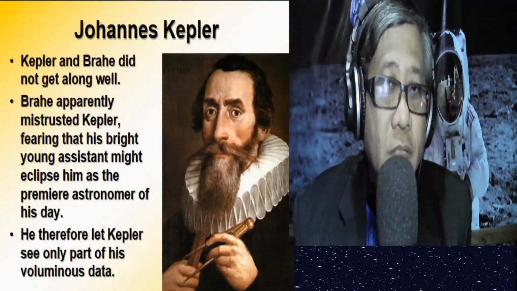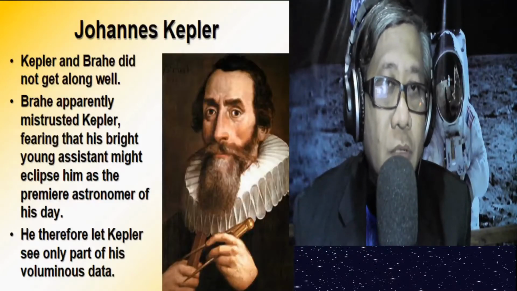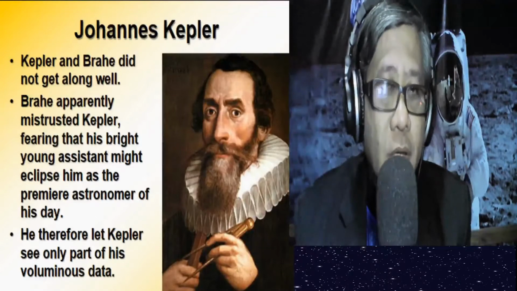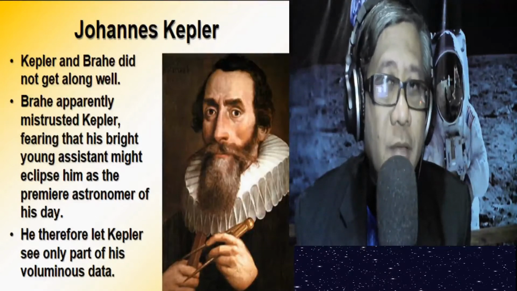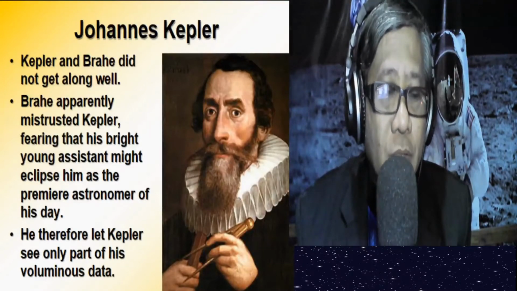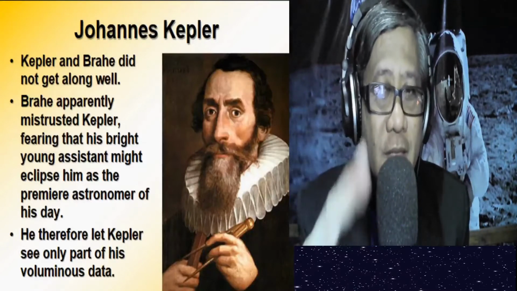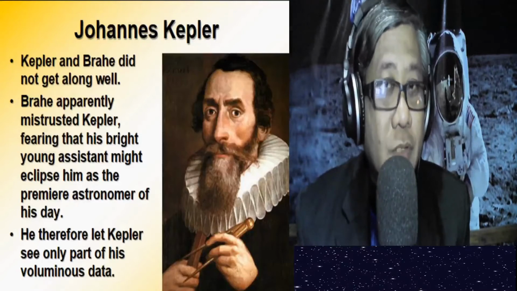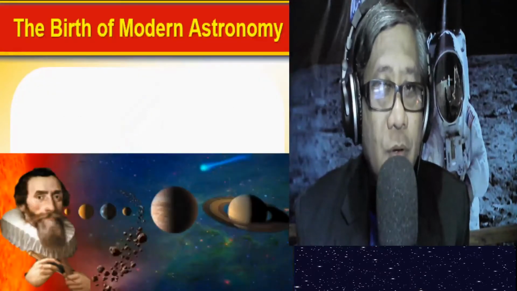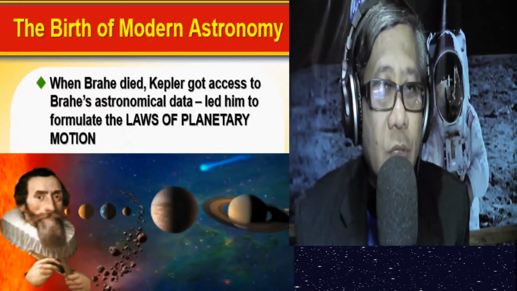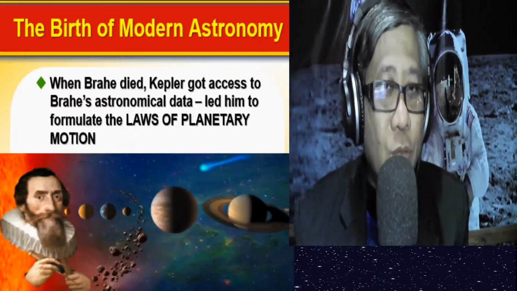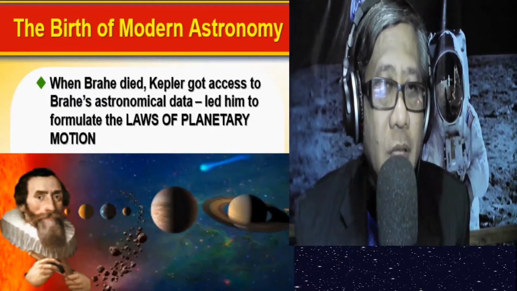Now, as you could see, the working relationship between Tycho Brahe and Johannes Kepler was not really good. And when Tycho Brahe died, Kepler was really joyous. Why? Because Kepler got access to Brahe's voluminous astronomical data.